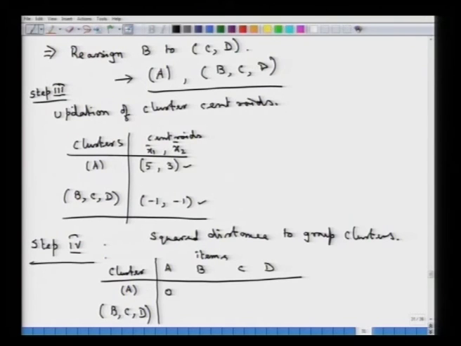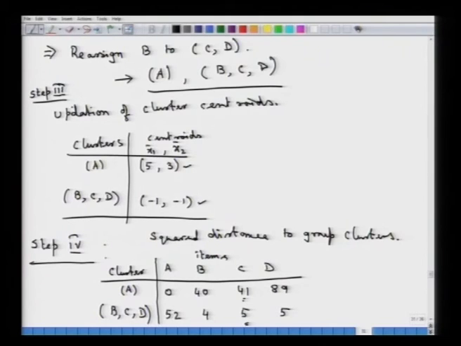The distance of A from this particular point here can be obtained, which is 52, and similarly this table can be completed: 40, 41, 89 and this is a 4, a 5 and a 5. So, this for example denotes the distance of the item C from A cluster's centroid, and this denotes the distance of C from this BCD cluster centroid.